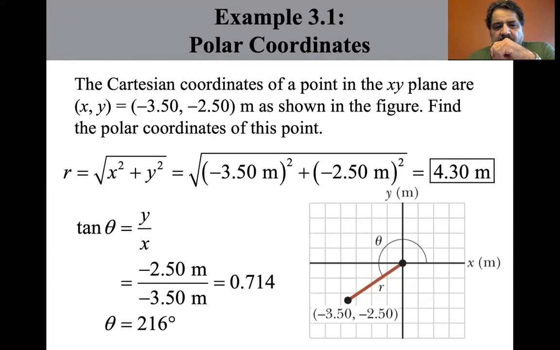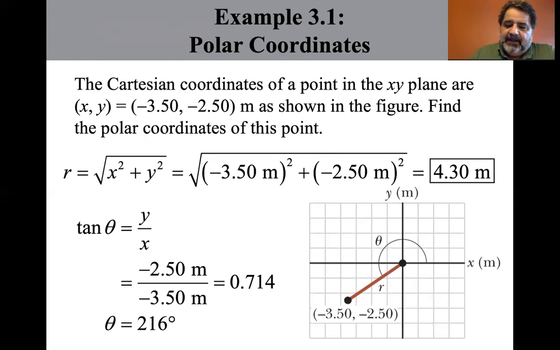And then the tangent theta is equal to y over x. So y over x is equal to minus 2.5 over minus 3.5, and that's equal to 0.714. So you take the arctangent of 0.714, and you probably won't get 216 degrees. You'll probably get something else. It's on my phone.